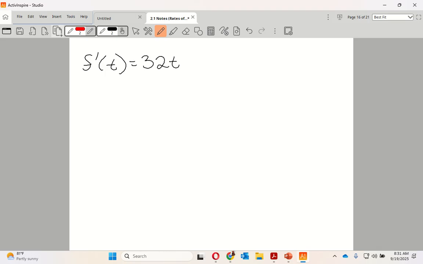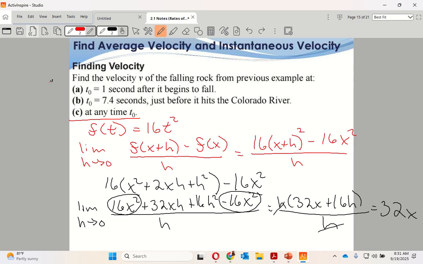And that's the equation of the slope at any given time, right?